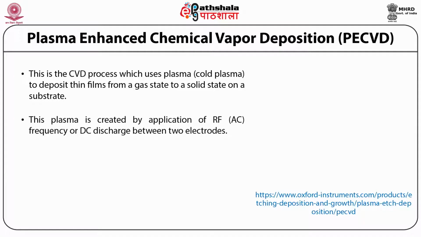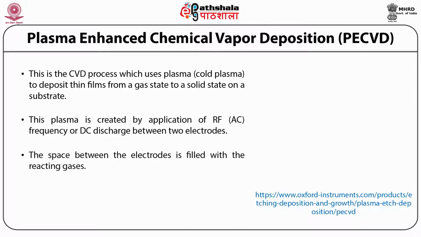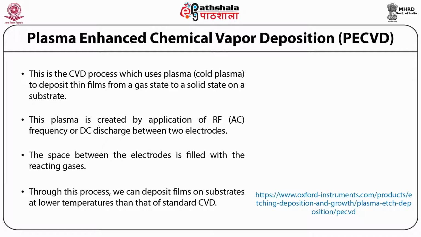This plasma is created by the application of RF AC frequency or DC discharge between the two electrodes. So the space between the electrodes is filled with the reacting gases. Through this process, we can deposit films on substrates at lower temperatures than that of standard CVD.